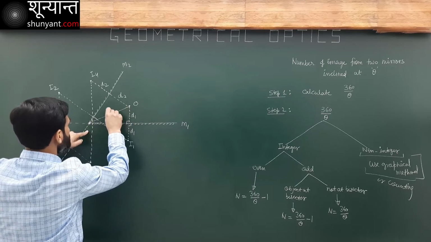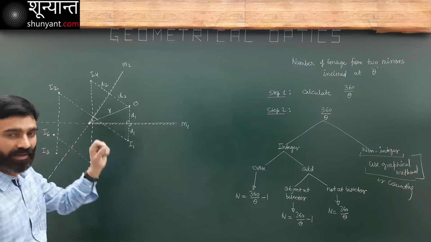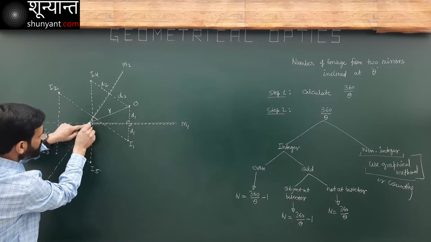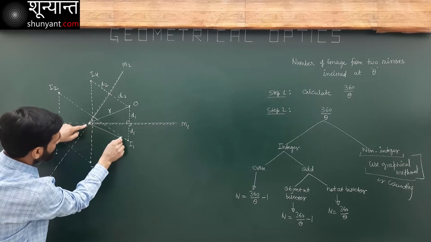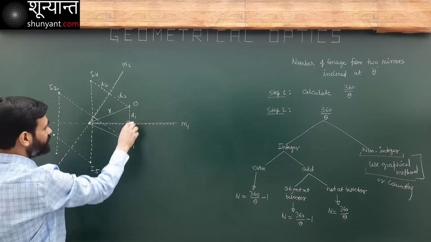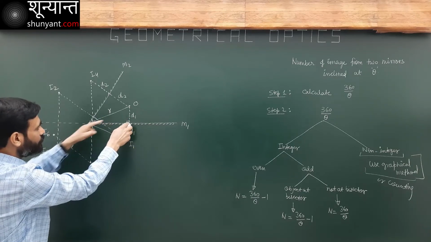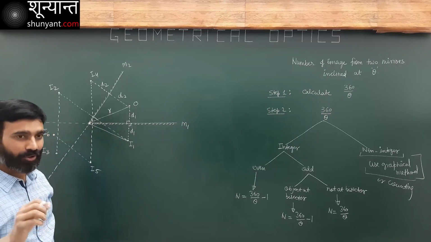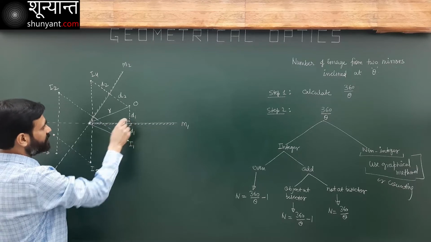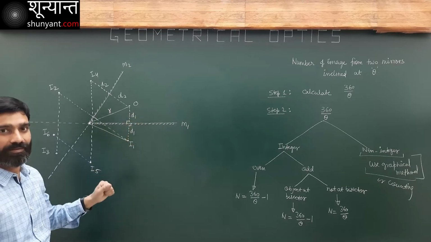If I call the distance of the object from the intersection R, what will be the distance from this intersection to the first image? Will it not be the same? This is D1, this is D1. Angles are the same, and this side is common. Two sides are the same length and the angles are the same, so these two triangles are going to be similar.